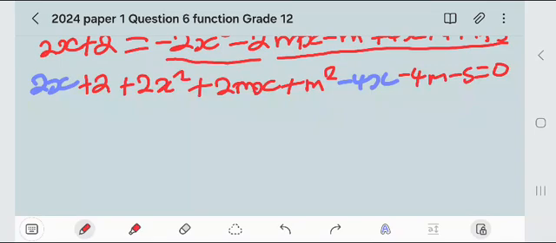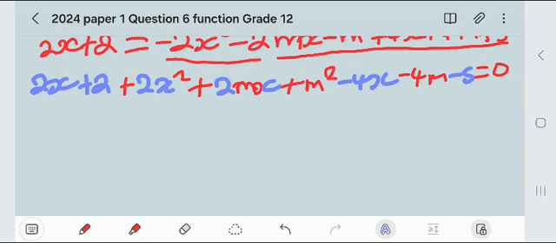So that is what we have there. Also, other terms there, we have these other like terms, as you can see. Also here we have a common factor, 2 and x.